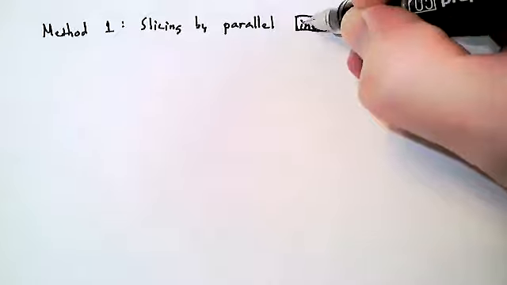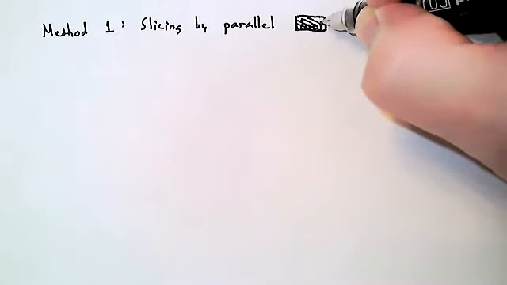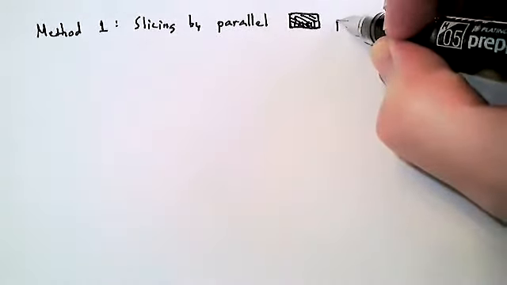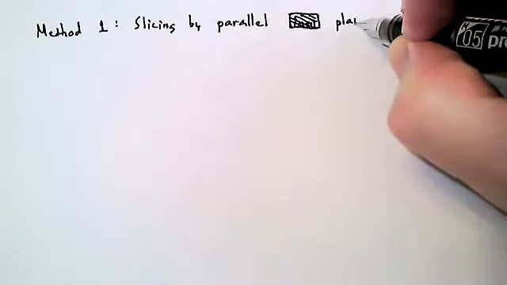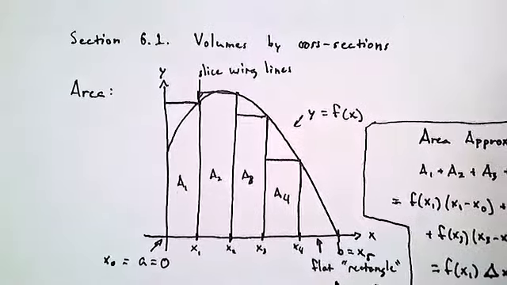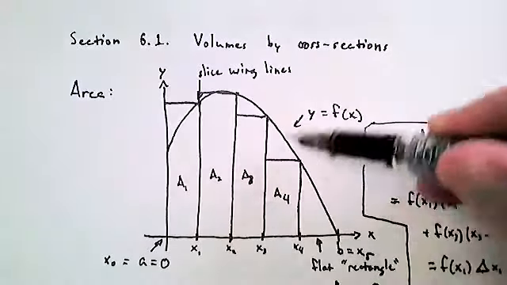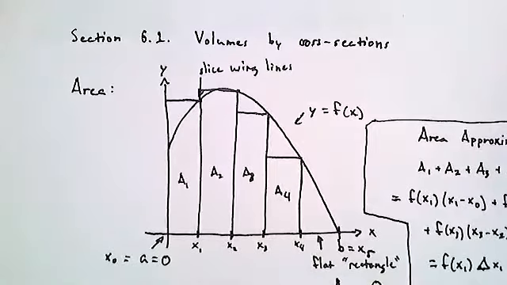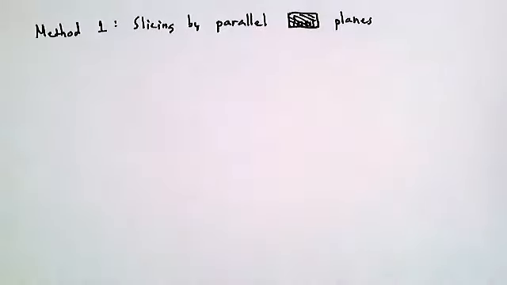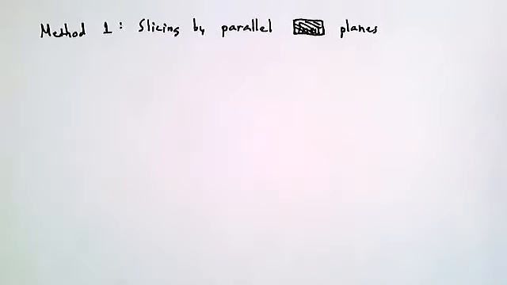Lines is what we did for a two-dimensional figure. We're going to be slicing by planes. So before, with this two-dimensional shape, we used vertical lines to divide up our area into simpler areas that we can actually compute, into rectangles. But in 3 dimensions, lines can't divide a 3-dimensional shape.